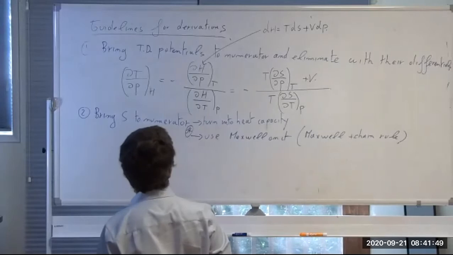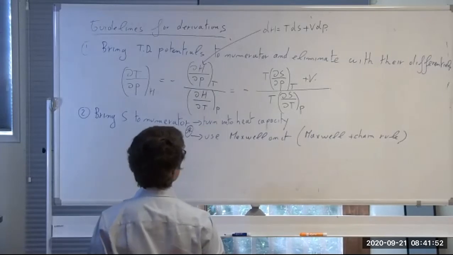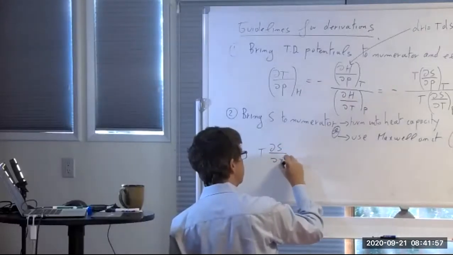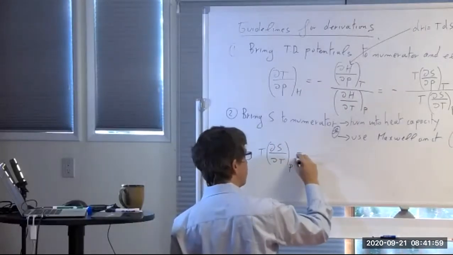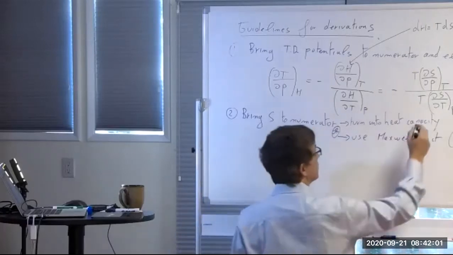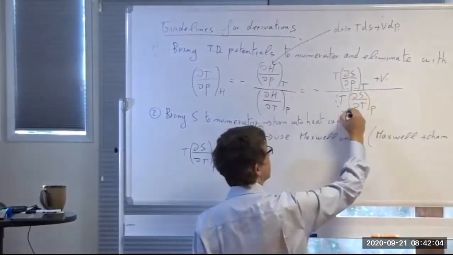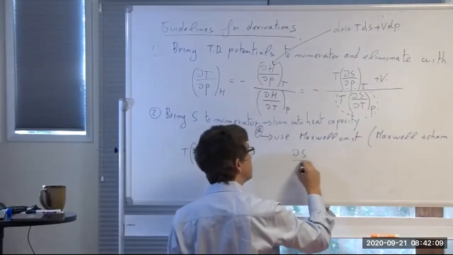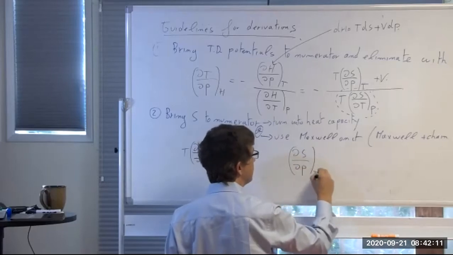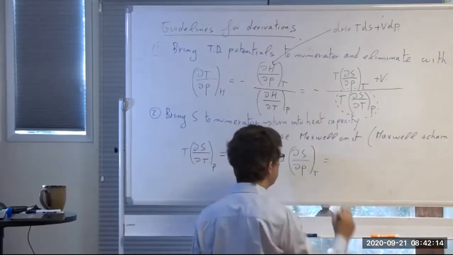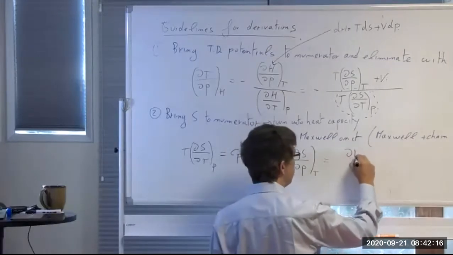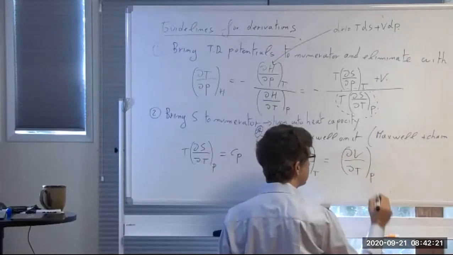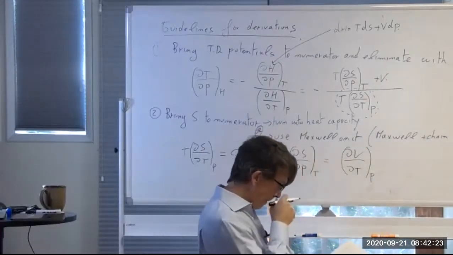So go back to our example here. T dS/dT, we don't have to do anything about that. That is Cp. So this friend here is eliminated. And the second one, the dS/dP at constant T, that's Maxwell, right? So that is dV/dT at constant P, plus or minus.